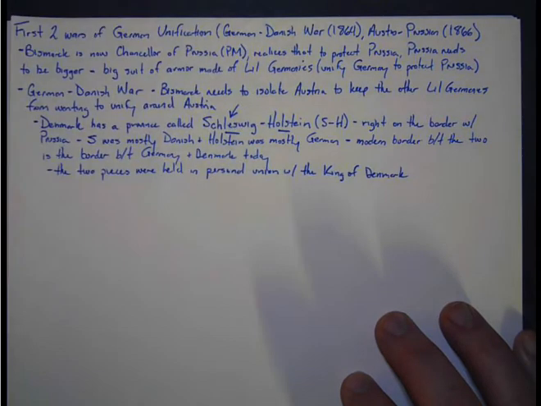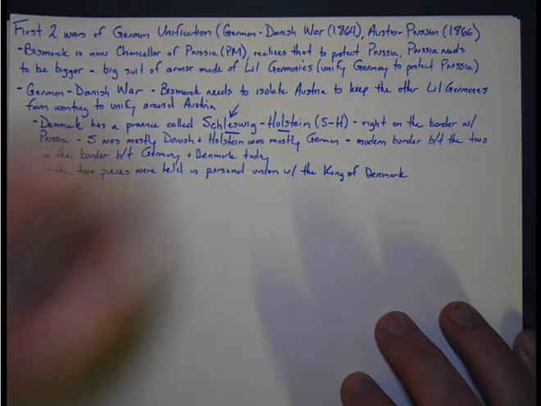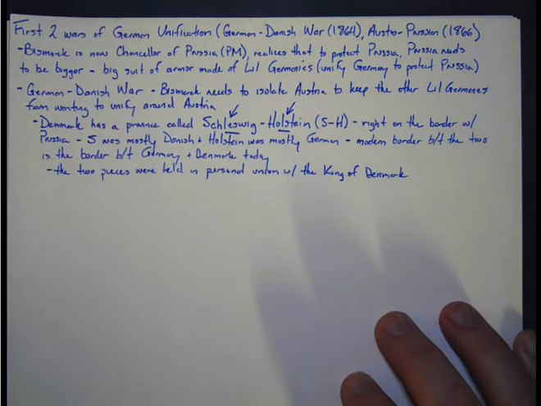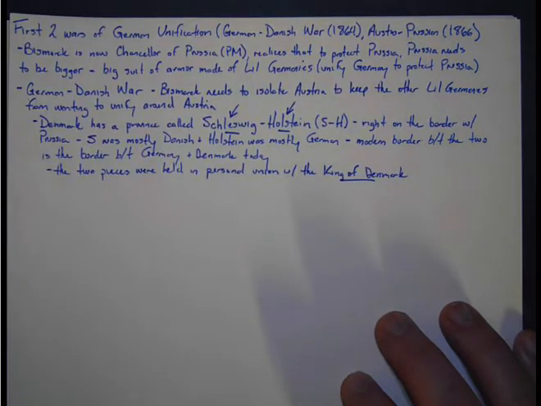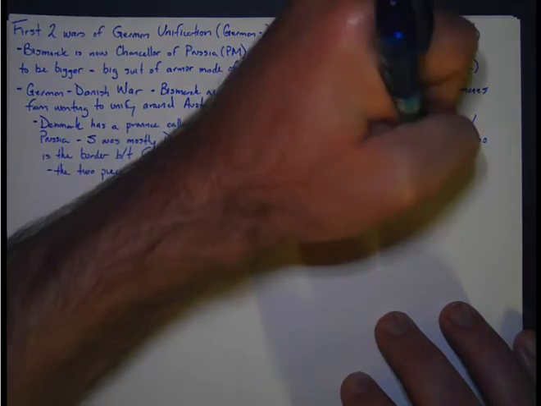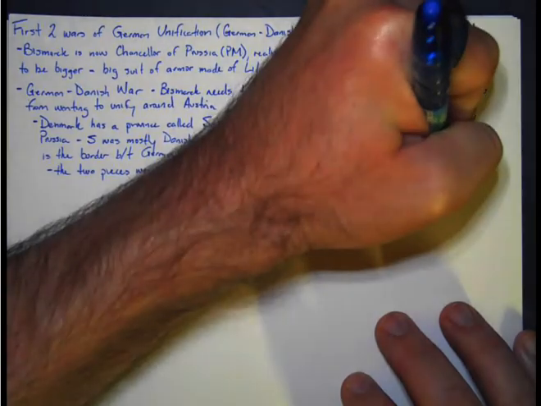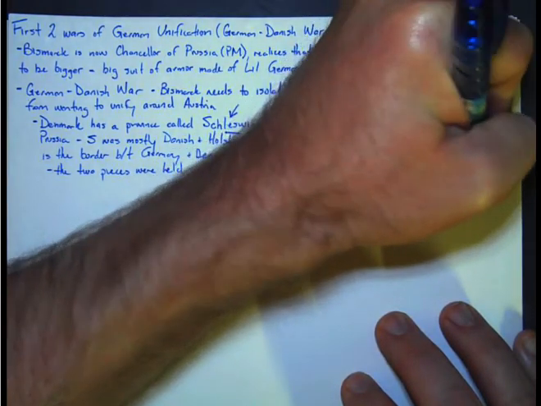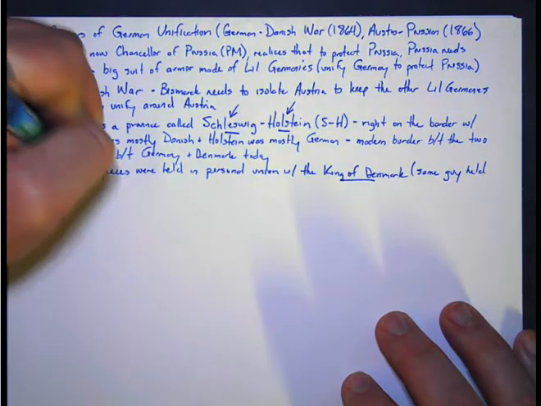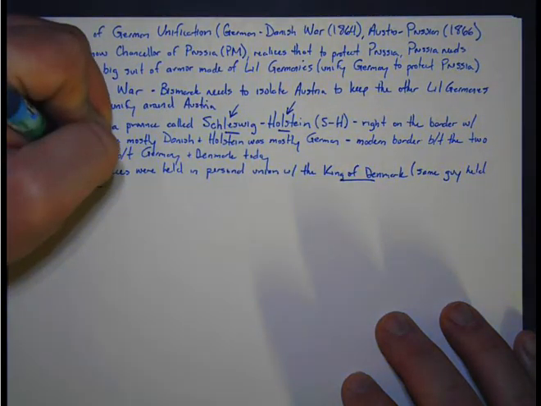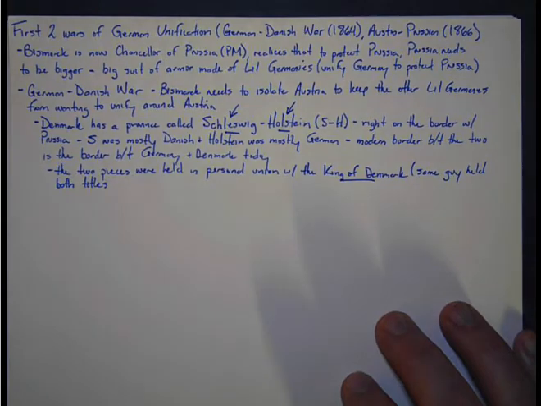In Schleswig, he was the King of Denmark. In Holstein, he was the Duke of Holstein. But the same guy held both titles, and so it was all part of the same kingdom.